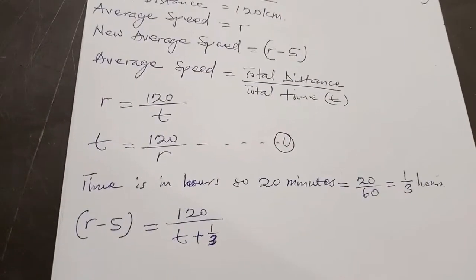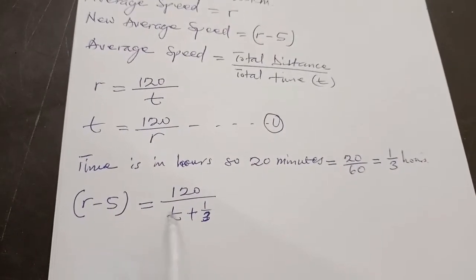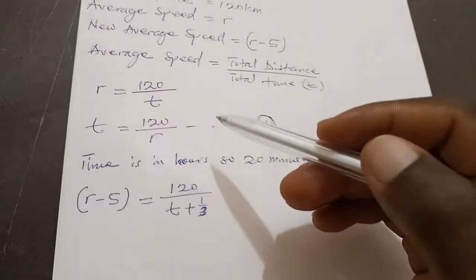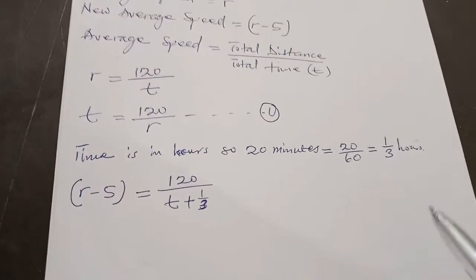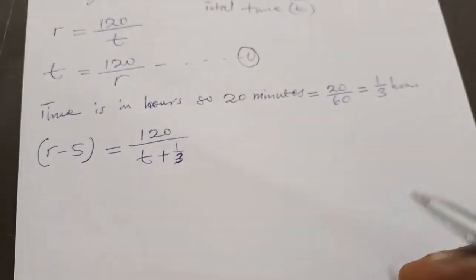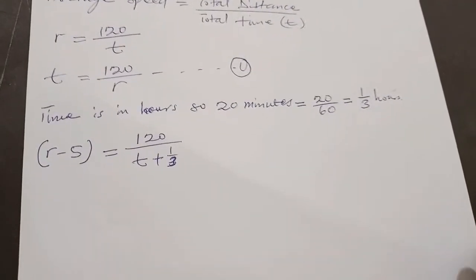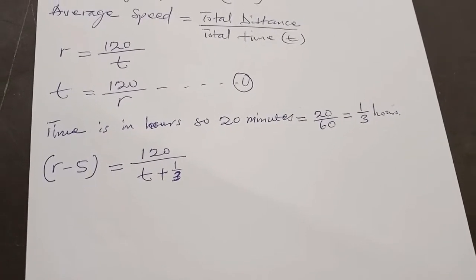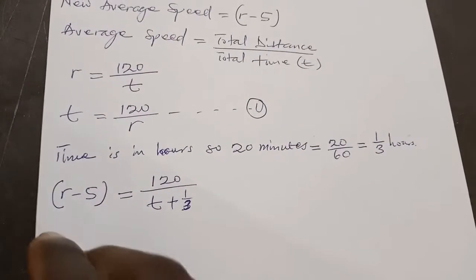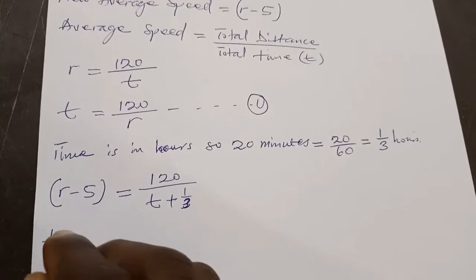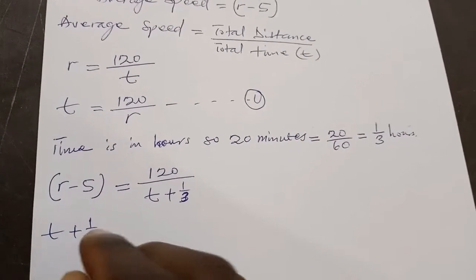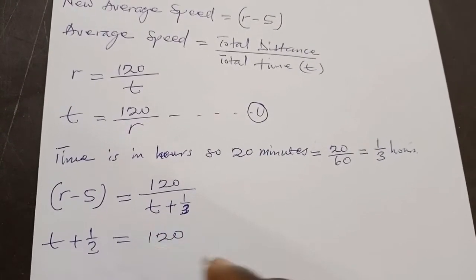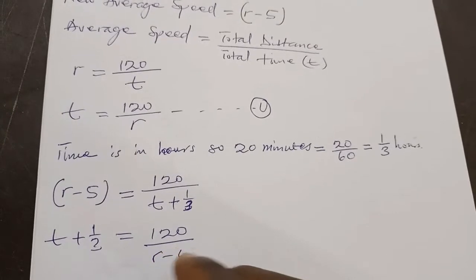All right. Let's go ahead and make t the subject again, so that we can compare the t here with the t here to get our r. Like I said from the beginning, we need to eliminate the t so that we can find r. So again, when we cross multiply, we are going to have t plus 1/3 equal to 120 over r minus 5.